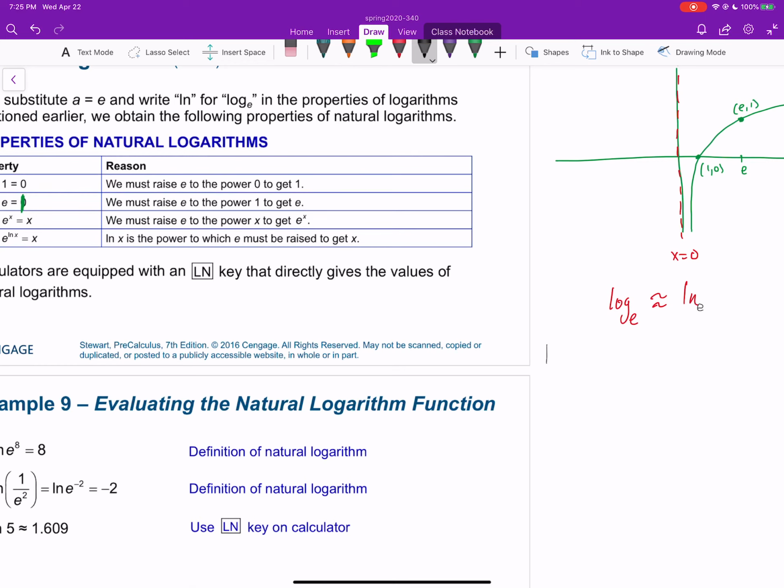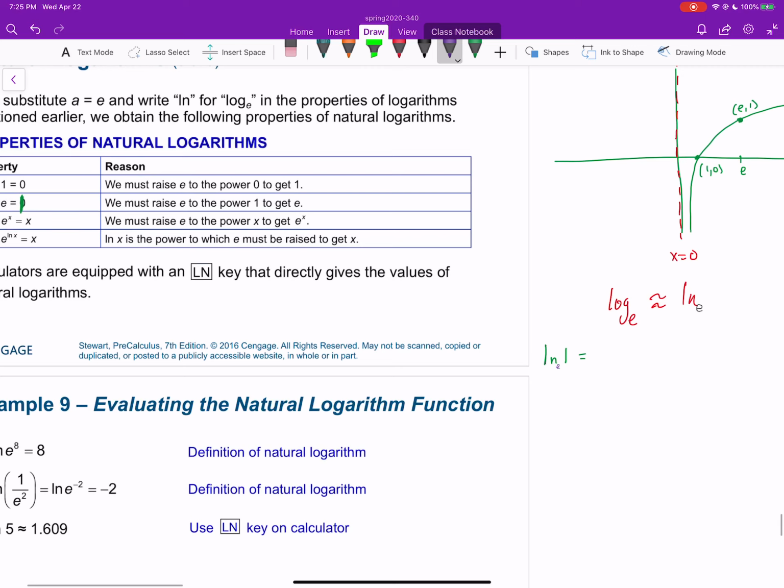So I have ln 1. If you think about it intuitively, we are asking ourselves, that invisible base e, to what power should we raise that e to give me 1? That is clear. It has to be 0. Let's do the work.